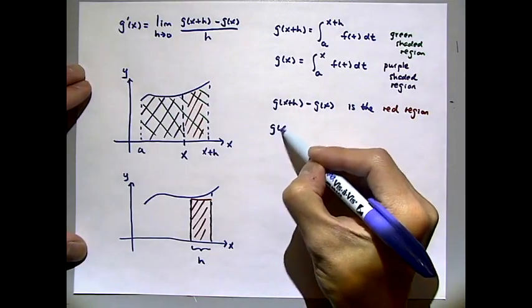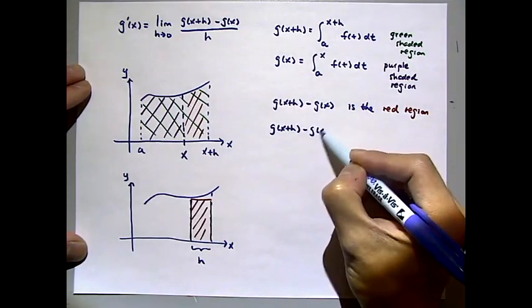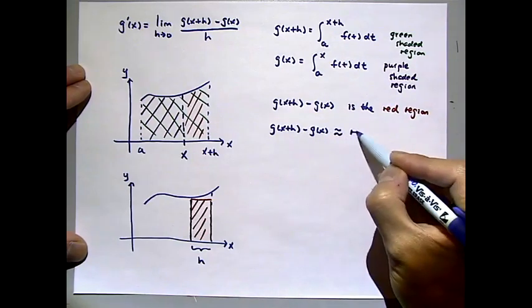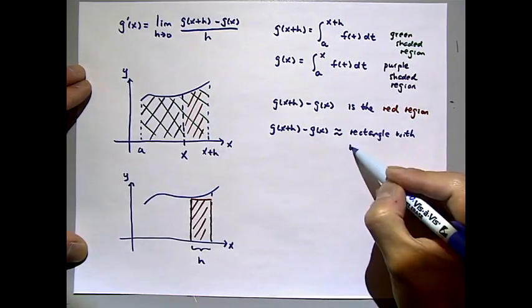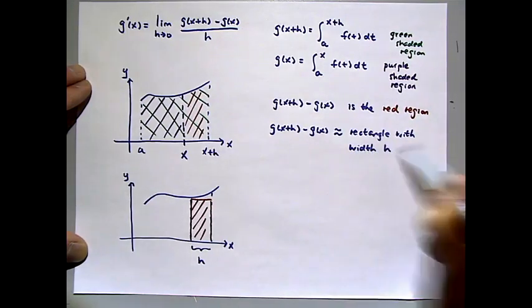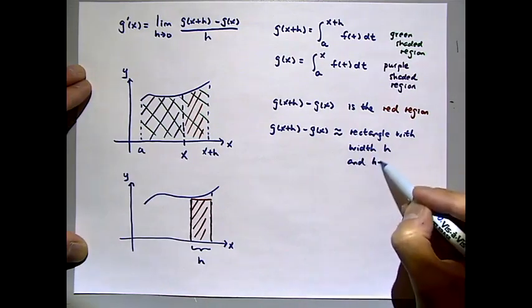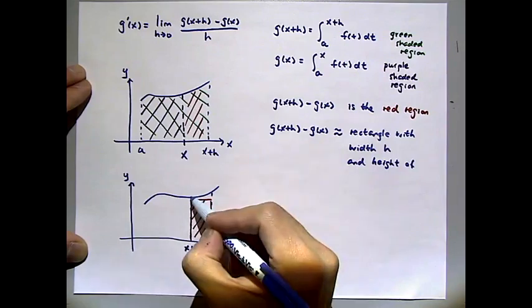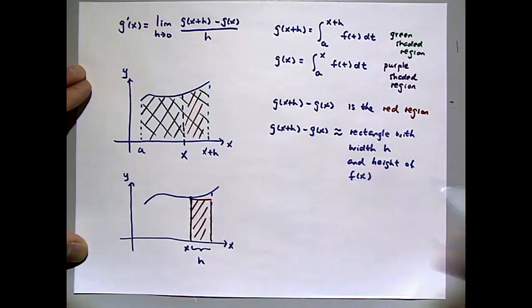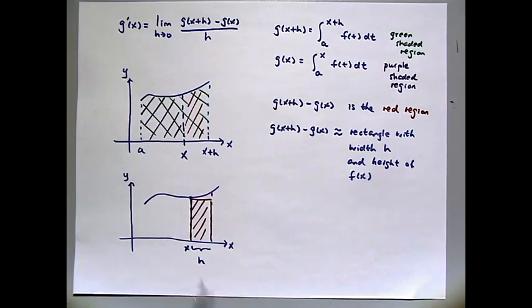And so we know the difference can be approximated as a rectangle with a width of h and height of f of x. When h approaches 0, the approximation becomes better. So that's the idea here. And we have a limit, and that's going to eventually give us that.